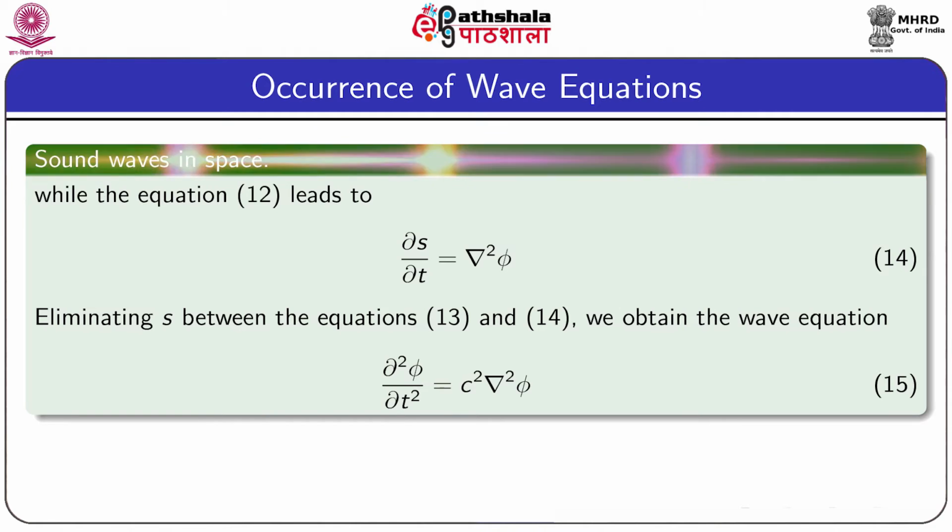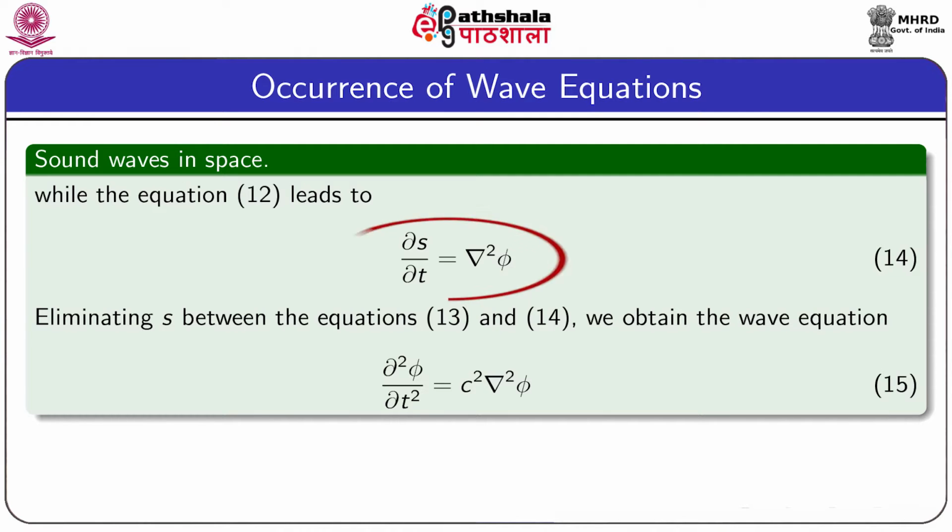While substituting this v equal to minus grad phi in equation 12, it reduces to the form ∂S/∂t equals grad square phi, which is written in equation number 14.